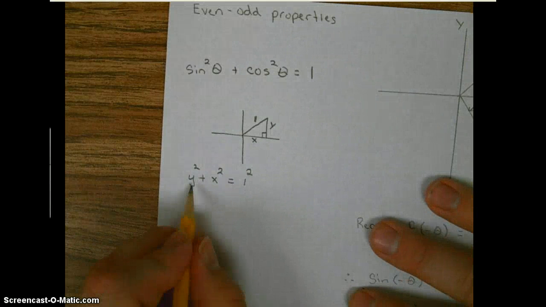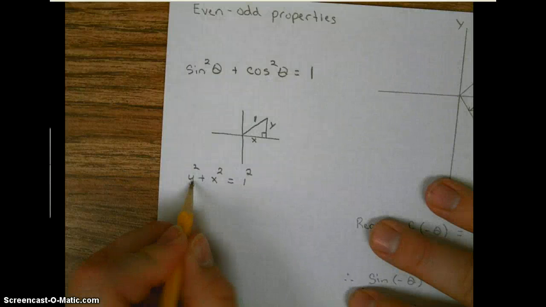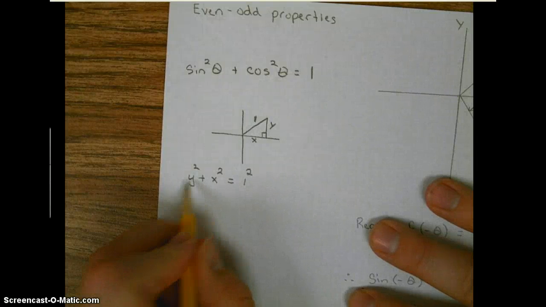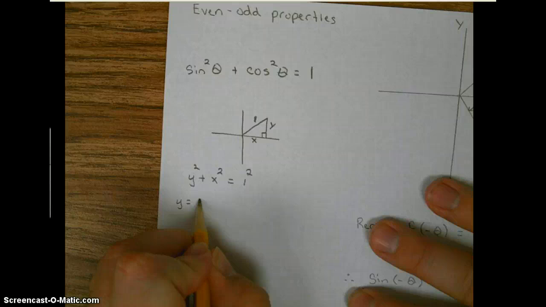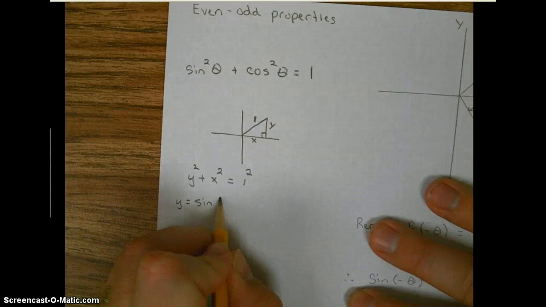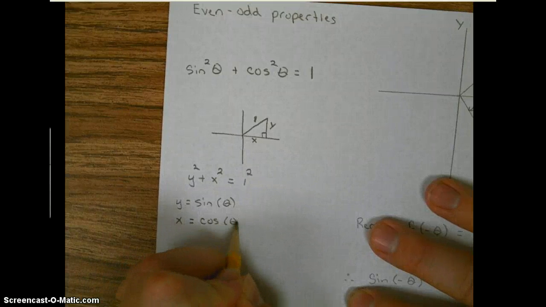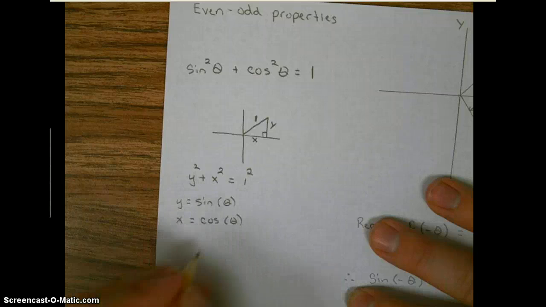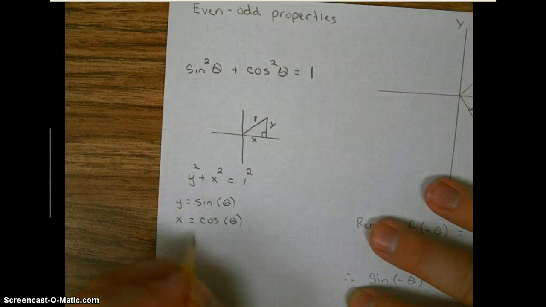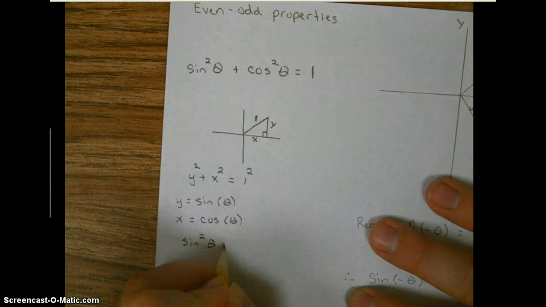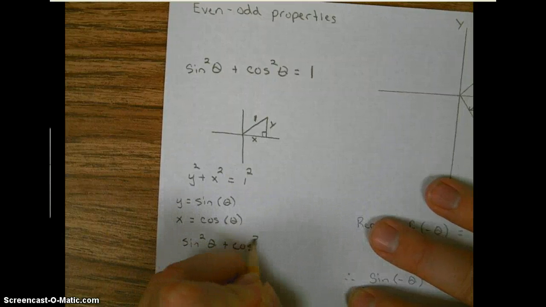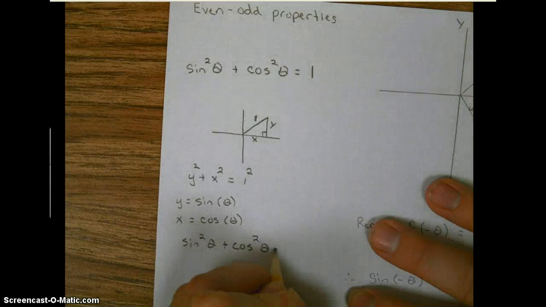Well, we know that sine is equal to y, so if we substitute y equals sine of theta and x equals cosine of theta, we get sine squared theta plus cosine squared theta equals 1.